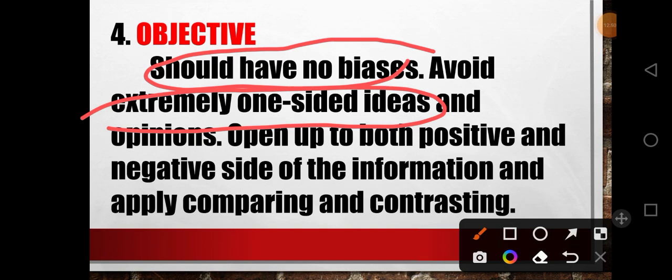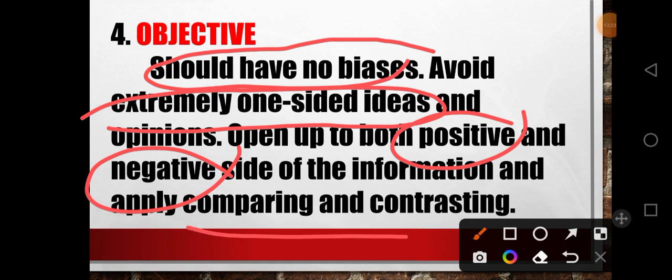In searching for our RRLS, you must be open to both positive and negative sides of the information. And we must apply a technique known as comparing and contrasting. So that will be discussed in our next video presentation, the different techniques on how you can write your RRLS.